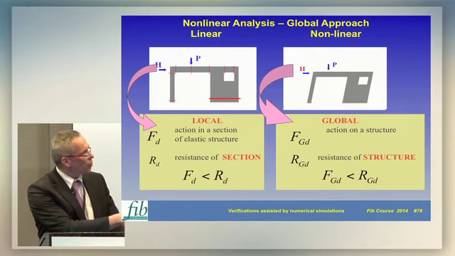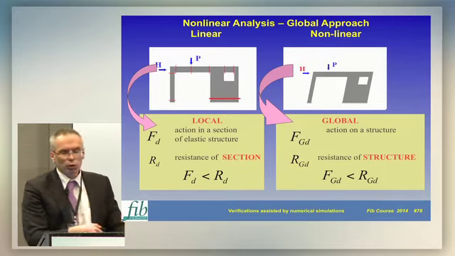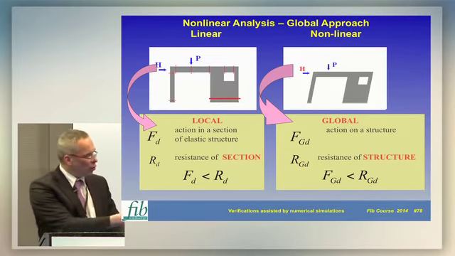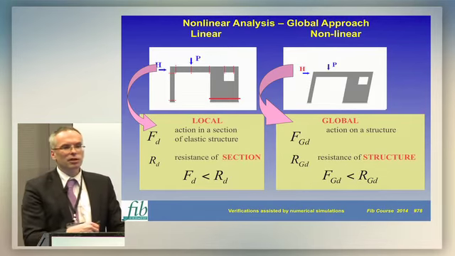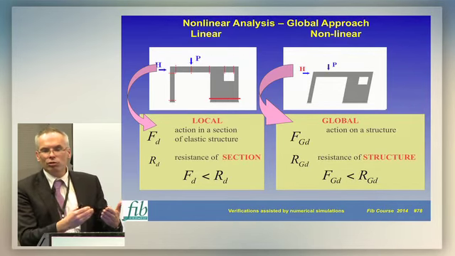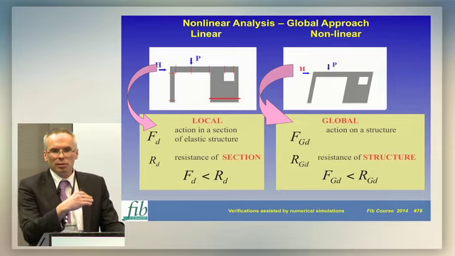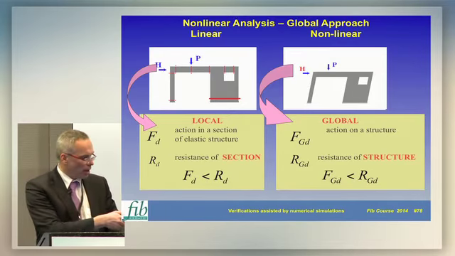Because in this classical approach, what is usually happening is that to calculate the forces, we use linear analysis. But then to calculate these resistances, we assume highly nonlinear behavior, which is a little bit of a discrepancy.